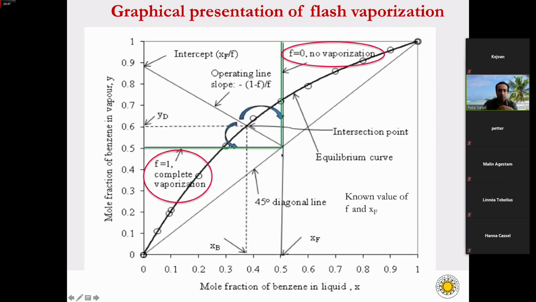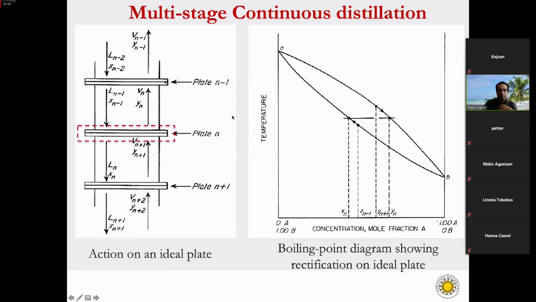So when you need to draw the feed line, there will be a vertical line if the feed is saturated liquid, and the feed line will be horizontal if it is 100% vapors or complete vaporization. And if it is a mixture of vapor and liquid, then the feed line will be in between these two lines.